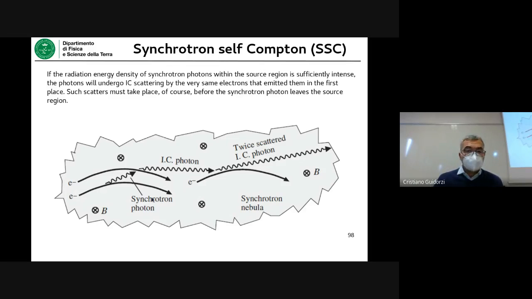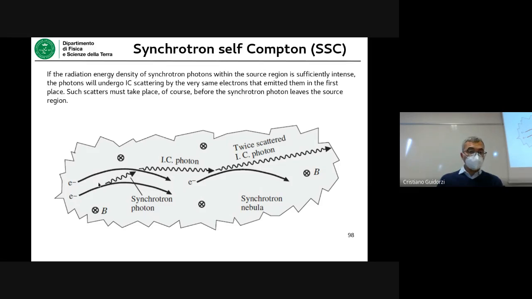Let's have a look at this figure. Here you also see the direction of the magnetic field; it's coming into the page. If you think of the Lorentz force, considering that the electron has a negative charge, you immediately see that the magnetic field deviates the trajectory of the electrons this way.